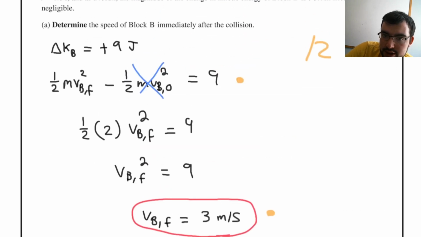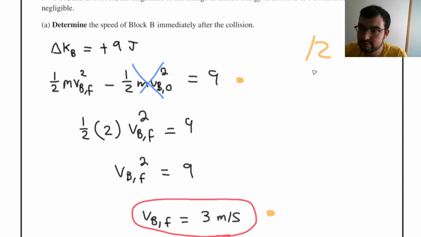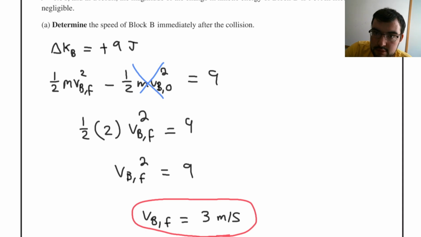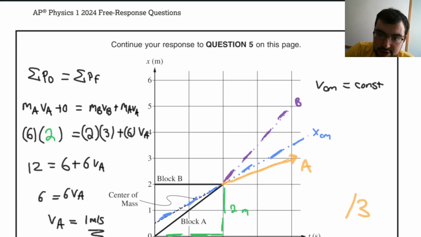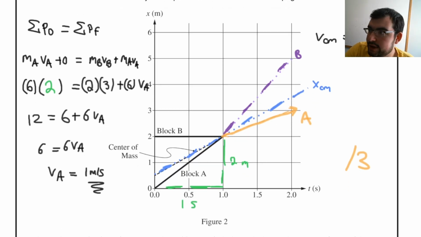So I might change that. I might think that this is 1 point. I think that might just be 1 point, and this instead might be 4.